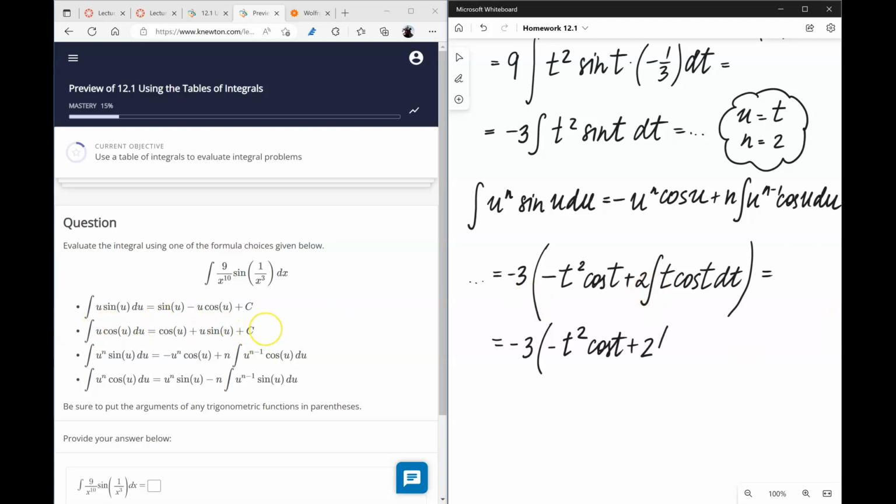So it's just going to be 2 cosine t plus t sine t plus c.